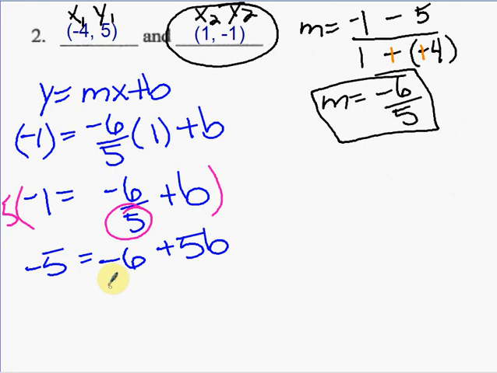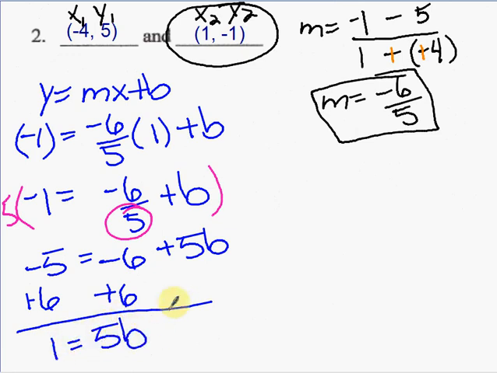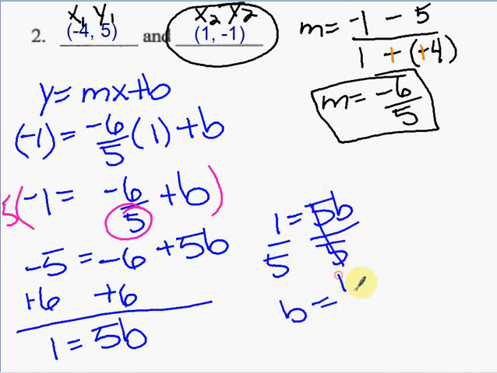So let's go ahead and finish this up real quick here. We're going to add 6. We get 1 is equal to 5b. If we divide by 5, then we have our answer. B is equal to 1 over 5. And we'll box that because that's the other half of our equation.